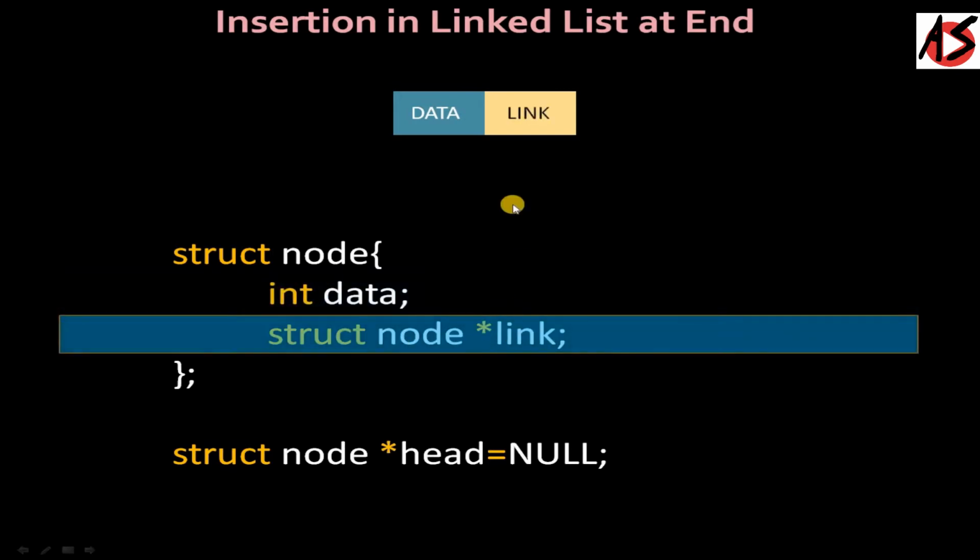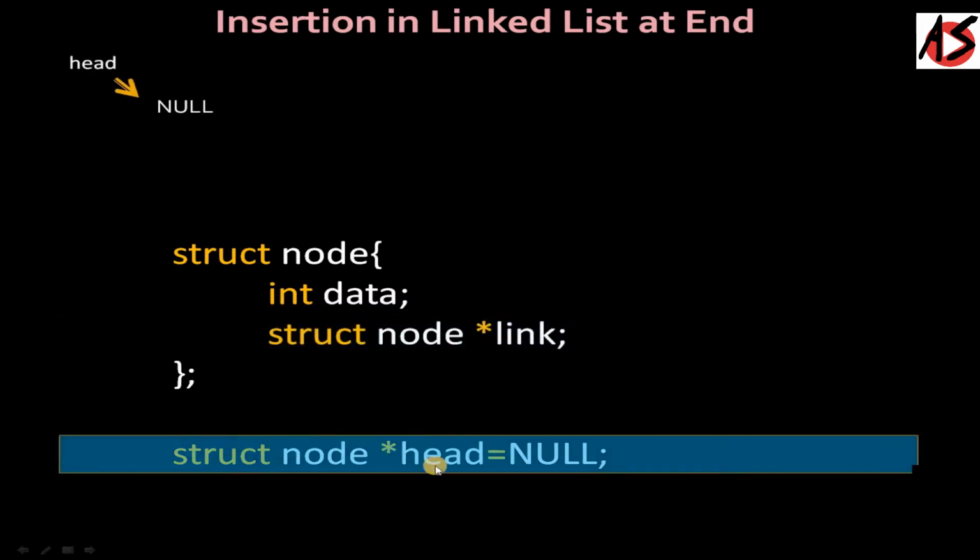The link part is pointing to a structure node kind. Initially, we are taking one head variable that is pointing to null. Since we have not inserted any node in the linked list, right now head is indicating null.